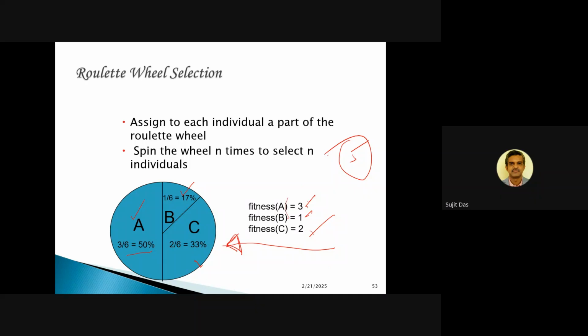If we spin the wheel, obviously good solutions have higher chances of being selected. But can I say poor solutions have 0 chance to be selected? No. Poor solutions also will be selected, but in less number. See how using this roulette wheel selection we are implementing natural selection.